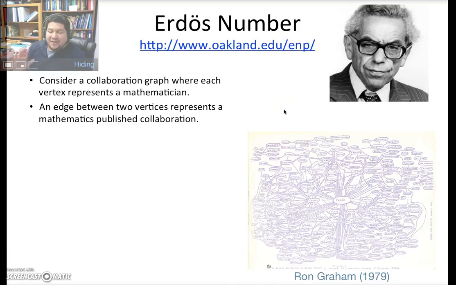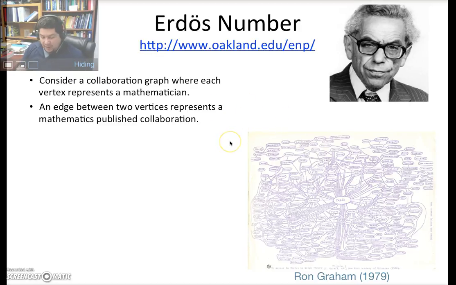Paul Erdős was a highly prolific mathematician, visited many universities, and would have extended visits and would solve conjectures or open problems during his 2 or 3 week visits, and therefore in a given month, in a given year, there will be a lot of these collaborations co-authoring with Erdős.